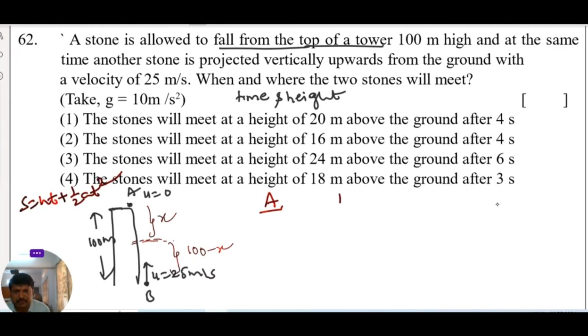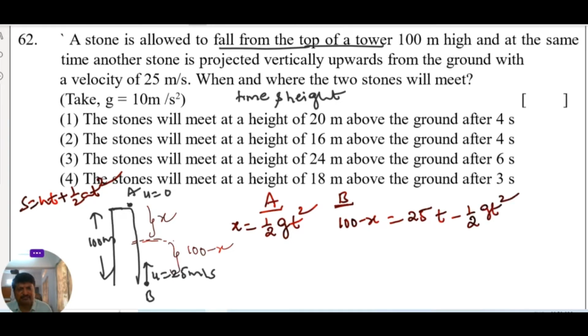For stone A, in the place of S the distance traveled is x, u is equal to 0, so x is equal to half g t square. For B, the distance stone B traveled is 100 minus x is equal to initial velocity 25 into time t, minus half g t square. So in the place of x, that is 100 minus half g t square, is equal to 25t minus half g t square.